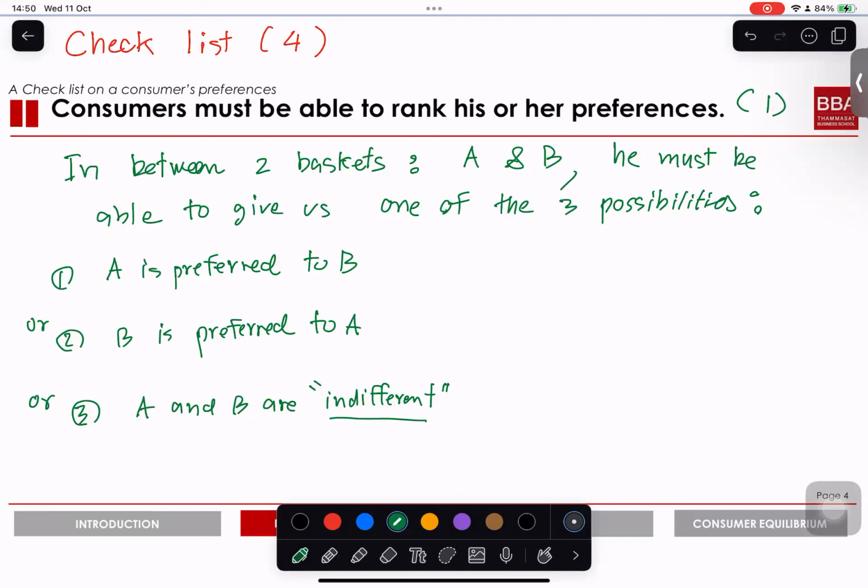If he says, I don't know, bye-bye, we don't want to talk to you. Okay, I put the word notation and meaning.